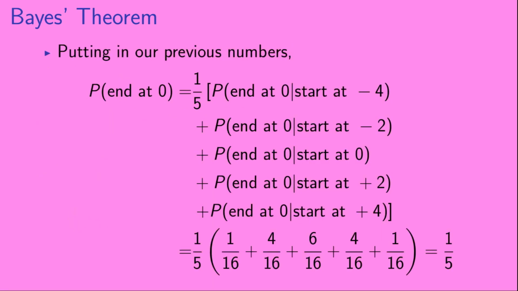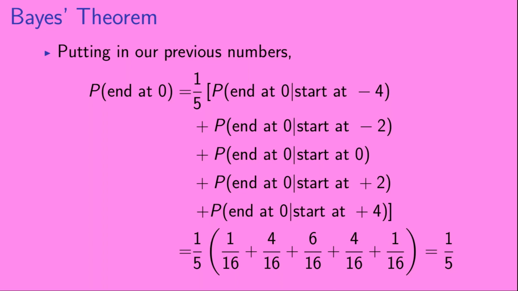Okay, so putting in our previous numbers, we get that the probability for the object to end up at 0 is equal to 1/5 times these terms, which equals 1/5 times 1/16 plus 4/16 plus 6/16 plus 4/16 plus 1/16.